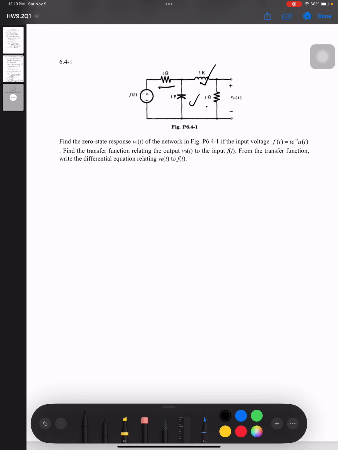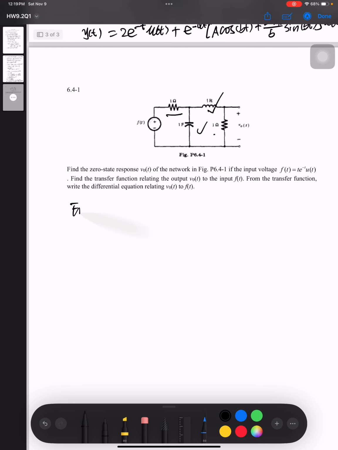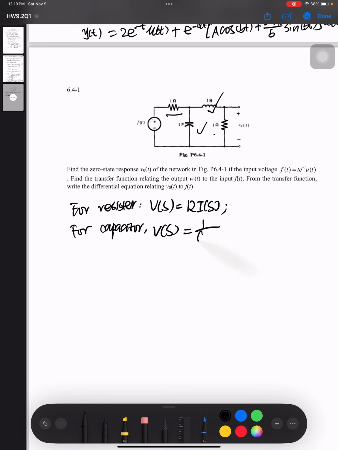For a resistor, V(s) equals R times the current. For the capacitor, V(s) equals 1 over Cs times the current I(s). And for the inductor, V(s) equals Ls times the current.